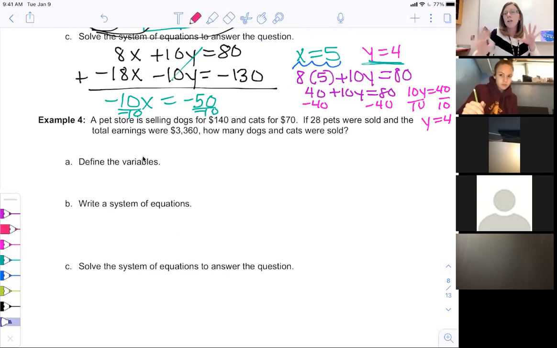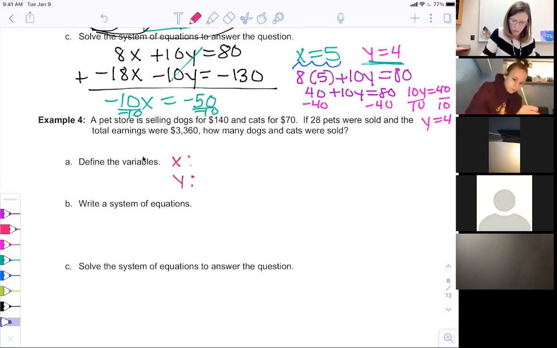So essentially, we want to know individually, did I sell more cats than I sold dogs or vice versa? All right, first thing, X and Y. This should be the easy part. First thing in the question, dogs, make that X. Second part of the question, cats, make that Y.